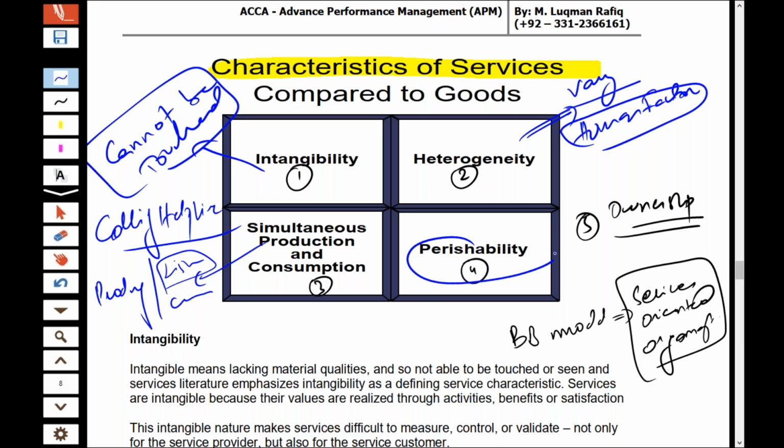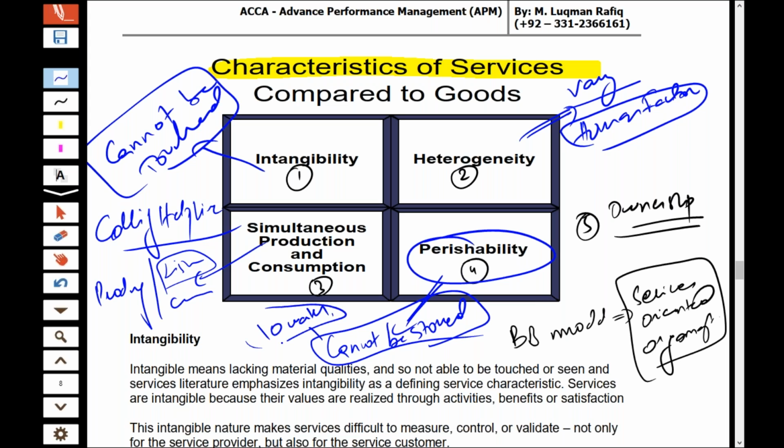The next one is perishability. The service cannot be stored. Think about a restaurant. A restaurant has 10 waiters. Nobody showed up this morning, so all 10 waiters would be free. In the afternoon, only 5 waiters were utilized, and the rest of the 5, their time cannot be stored.